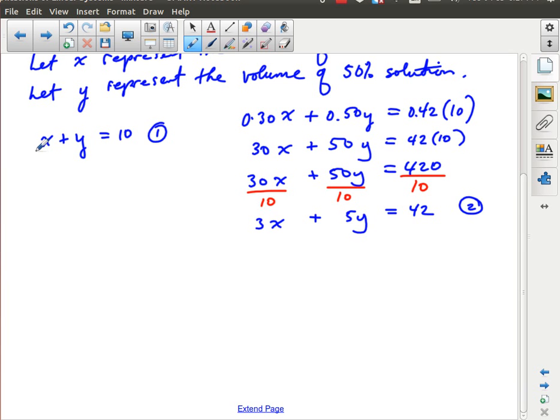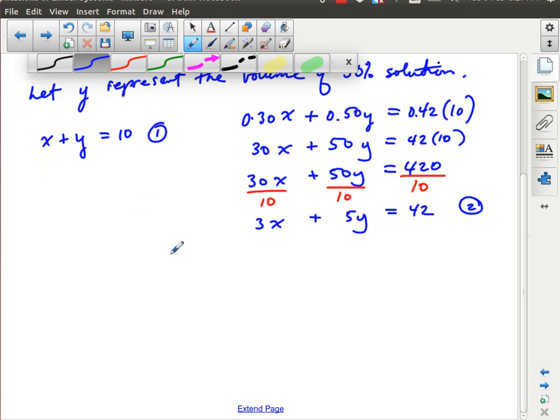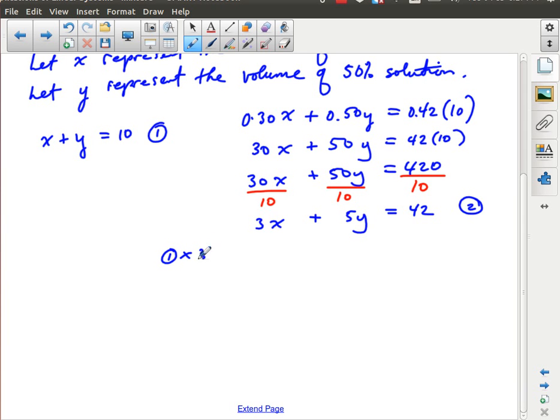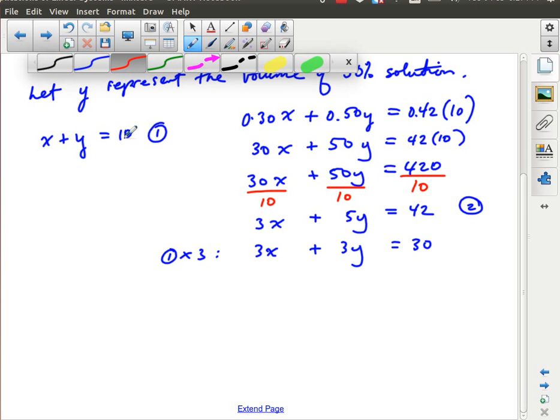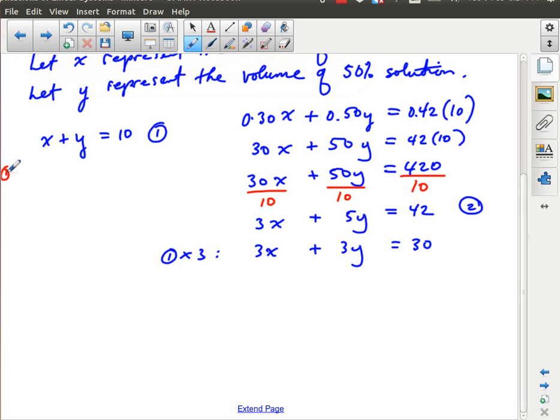That would let me eliminate the x from here. So I'm going to take equation number 1 and multiply it by 3. And that gives me 3x plus 3y equals 30. I took this equation and multiplied it by 3, equation number 1 times 3.